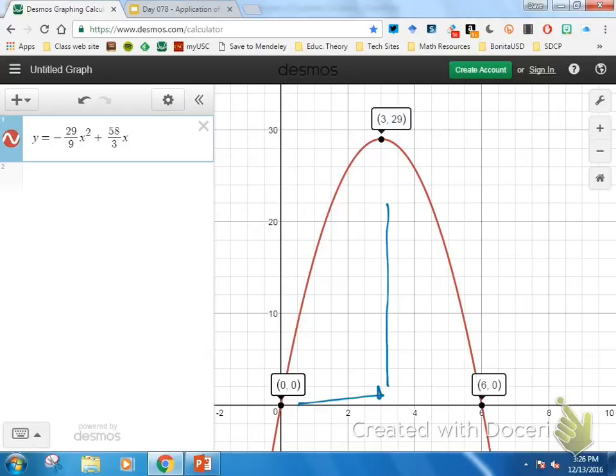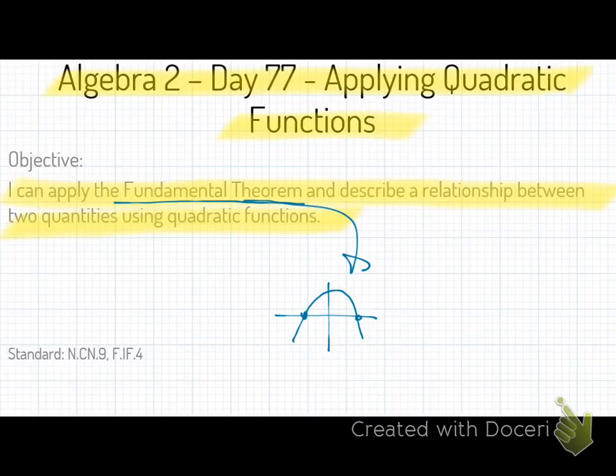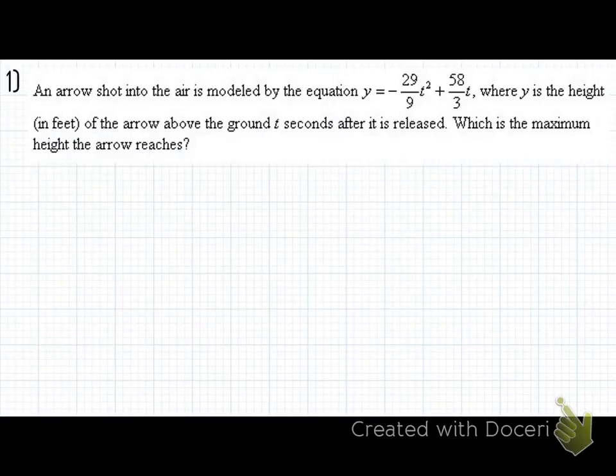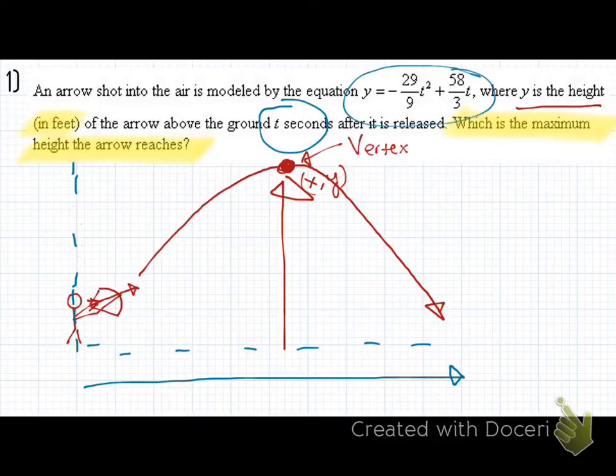As I go back there, sorry about that. Going back to my problem, I noticed it was after 3 seconds. My vertex is at 29, right? We have 29 feet right here, right?